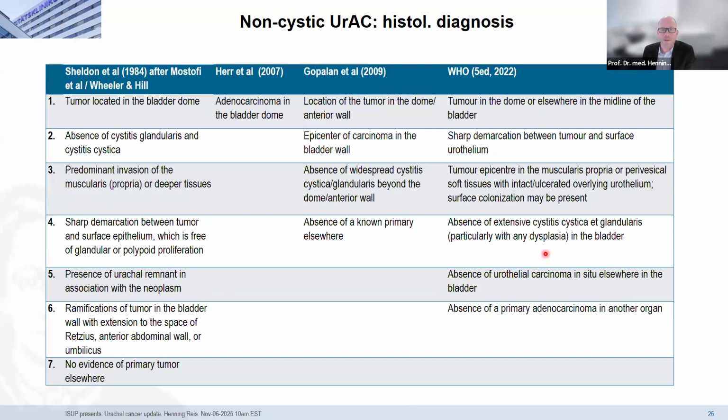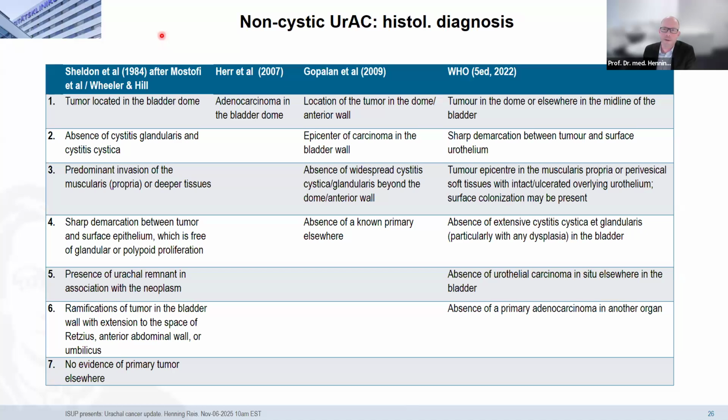Also, the diagnostic systems have developed over the years. The first systems were published by Mustafi, and Wheeler and Hill in the mid-50s, '54 and '55, and were adopted and a little bit modified by Sheldon in the famous 1984 paper.